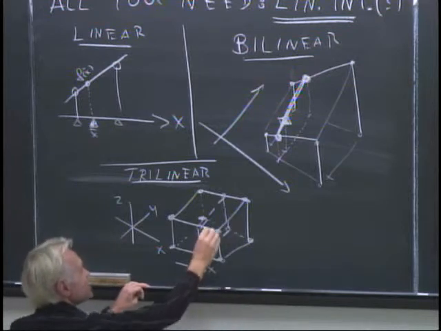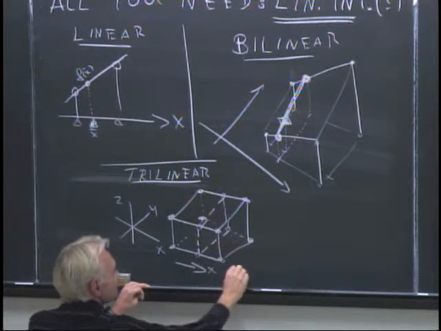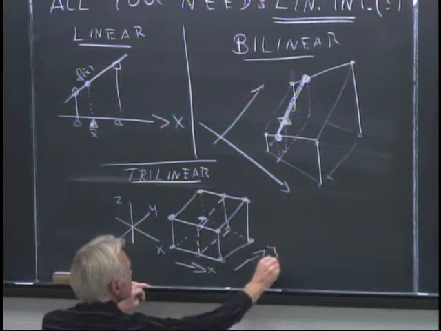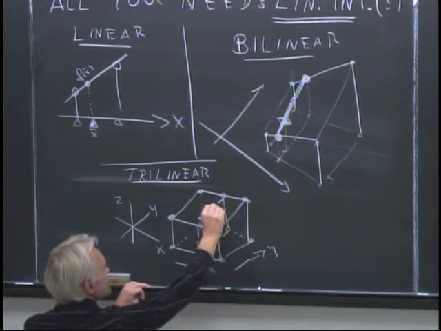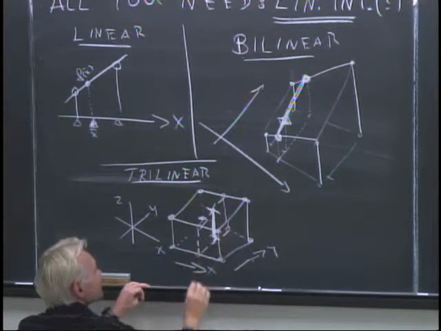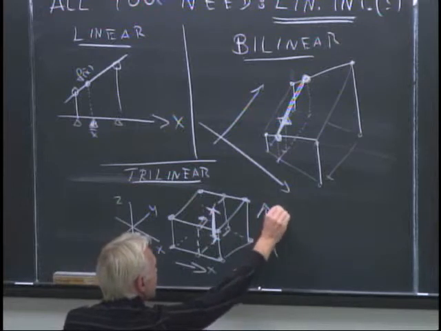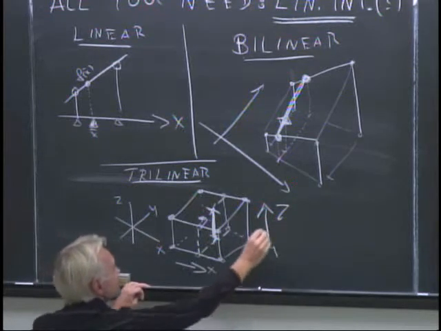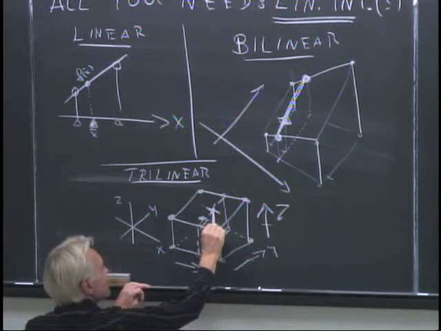And now you evaluate this guy for, say, some y value here, and you get a new line here. And last but not least, you evaluate that one line in z for, say, the midpoint, and you get the value there.